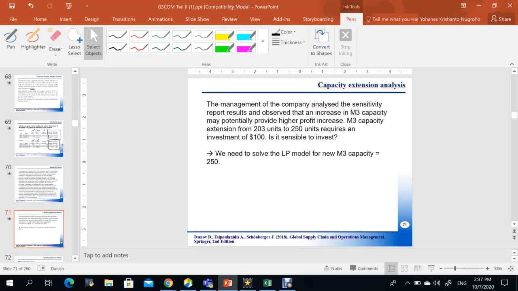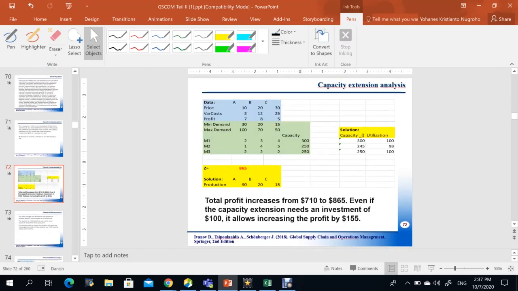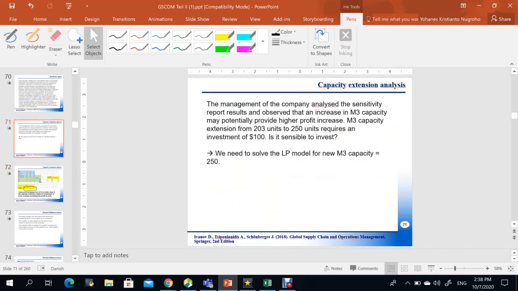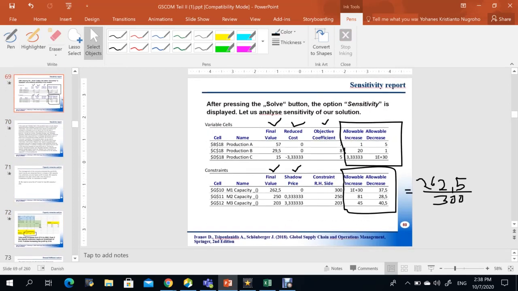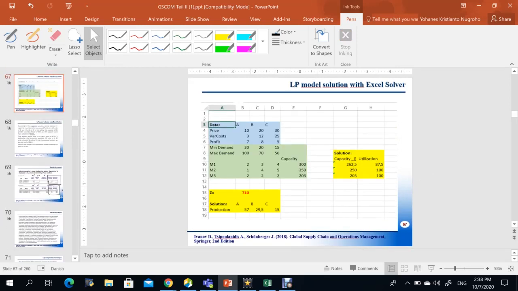Okay? Now we need to solve LP model for new M3 capacity at 250 here. Before it was 203. Now by changing to 250, we have different solution here. A should be plotted at 90, B at 20, and C at 15. Alright, before it was 57, 29.5, and 15.